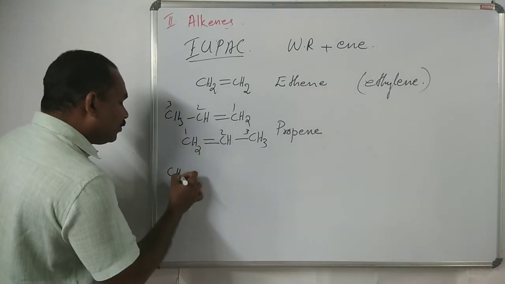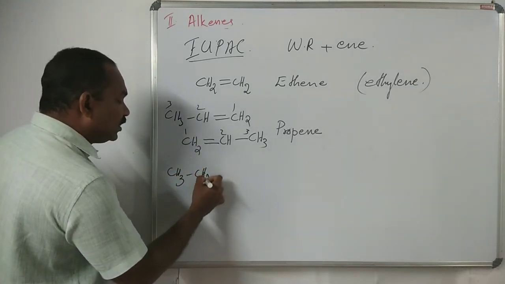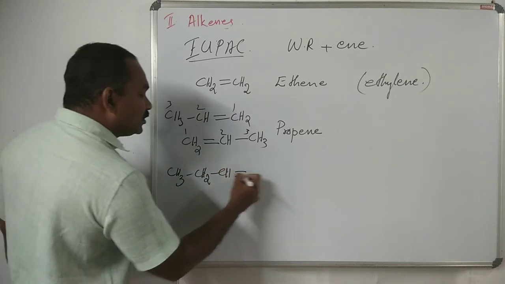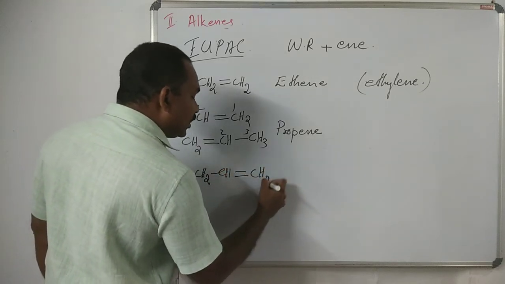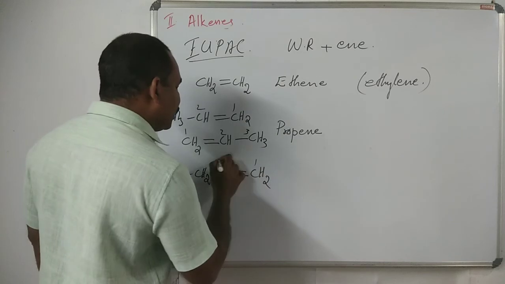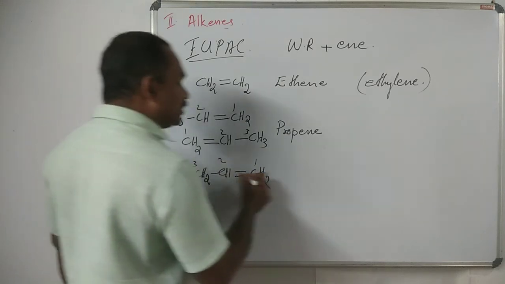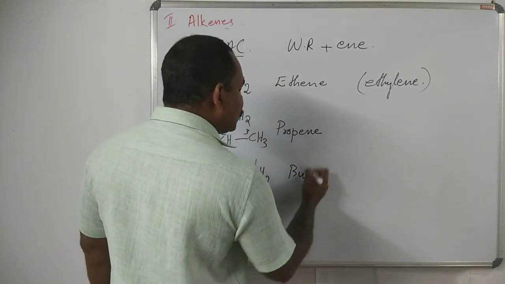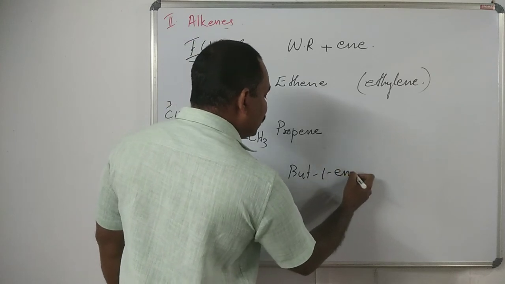Another alkene is CH3-CH2-CH=CH2. Here the double bond is present at the first carbon atom, so it is but-1-ene.